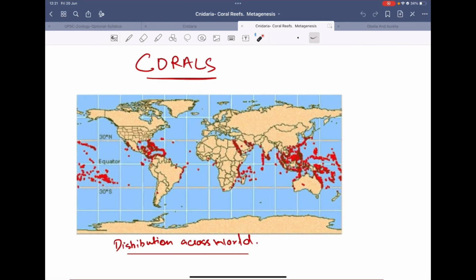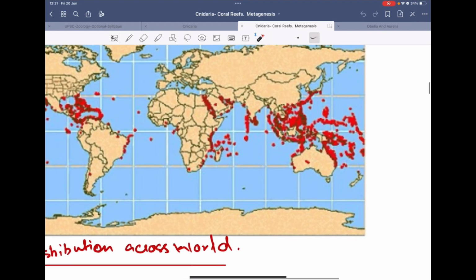In this map, you can see the distribution of corals across the globe. You will see that it is across the shores, across the continental shelves.